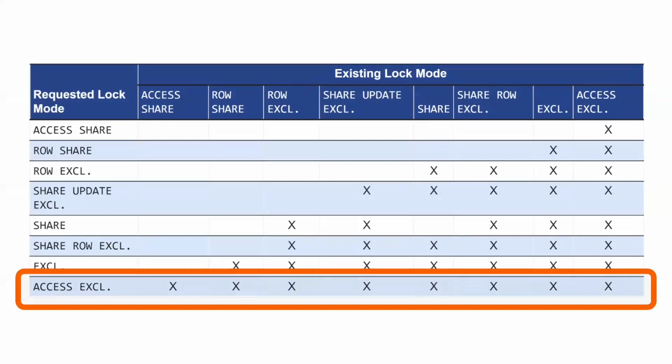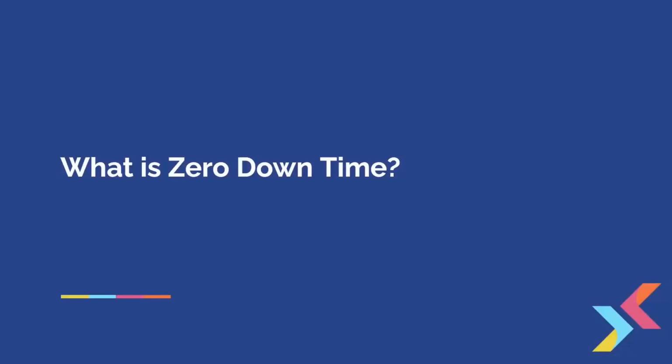Laridae wants to achieve zero downtime. However, some essential operations will have to acquire the access exclusive lock no matter what we do, even for just a few milliseconds. Therefore, we decided that Laridae would strive to keep the amount of access exclusive lock time to a minimum, but never completely zero. Since a truly zero downtime migration is never possible, we have to formally define what we consider a quote-unquote zero downtime.